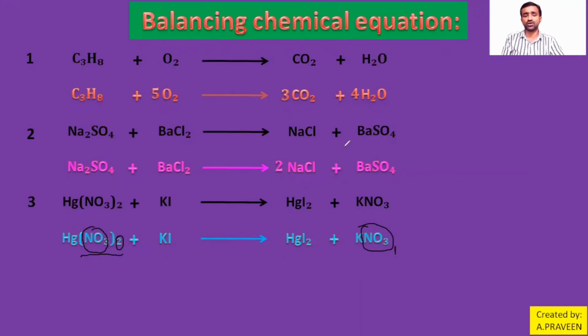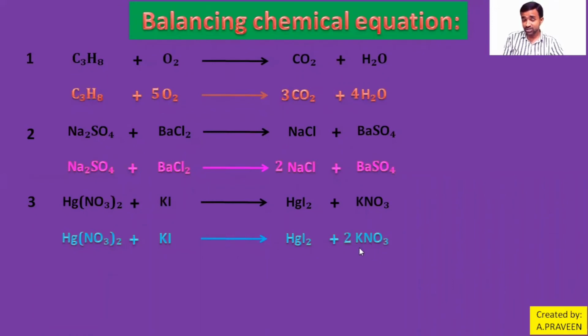We have to balance this one. How to balance? I'm going to select the coefficient before KNO3 as 2, because on the left side I have NO3 twice. So I use that 2 as the coefficient before KNO3. By simply placing 2 as the coefficient here, it is solved. So NO3 twice is completed.